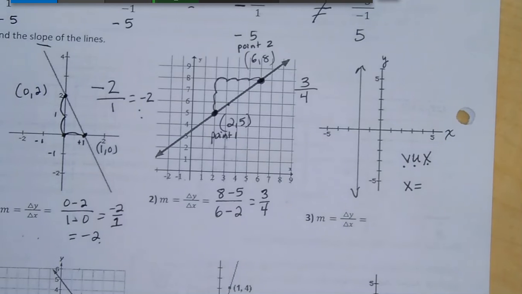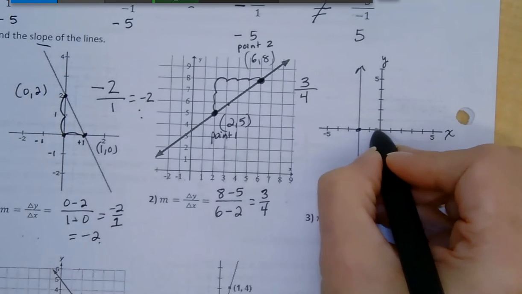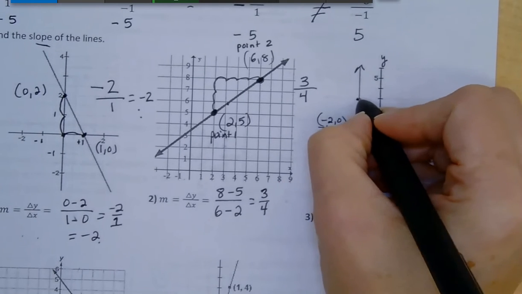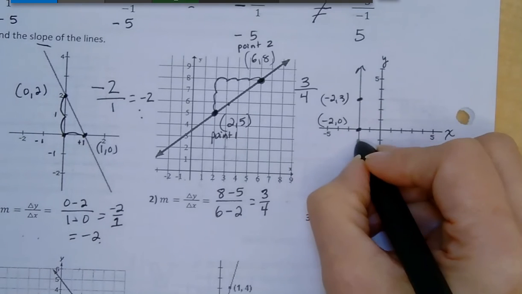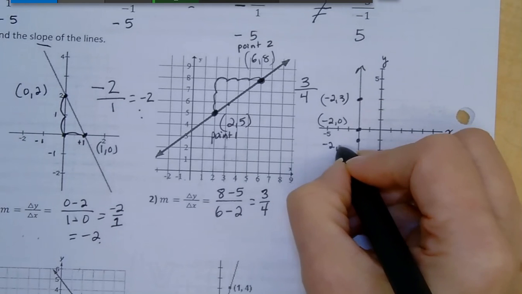I just noticed that I'm just finding slope. I'm getting ahead of myself, but I'm going to continue this anyway because it's going to come up. Okay, x equals some number. Well, at this ordered pair, it's -2, 0. My x is -2. At this ordered pair, it's -2, 3. At this ordered pair, it's -2, -1.